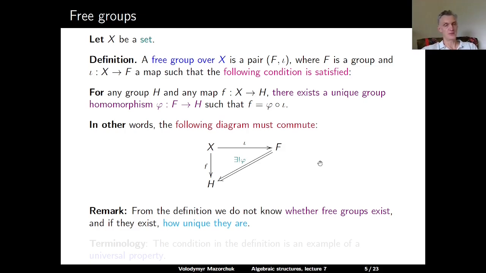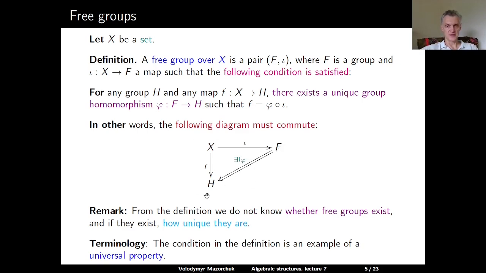So we know nothing about existence and we know nothing about uniqueness. And also a short comment about terminology. This condition in the definition of the free group is an example of the so-called universal property. So free groups are objects which are given by certain universal properties.